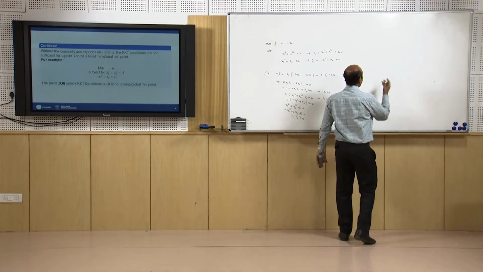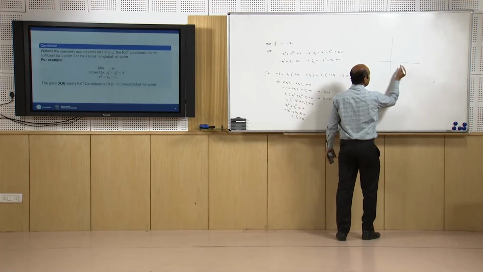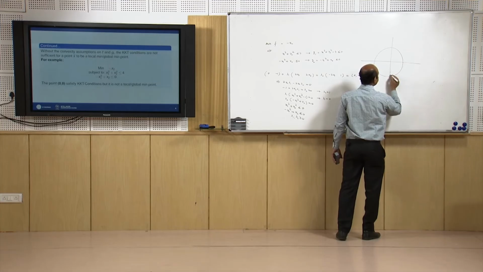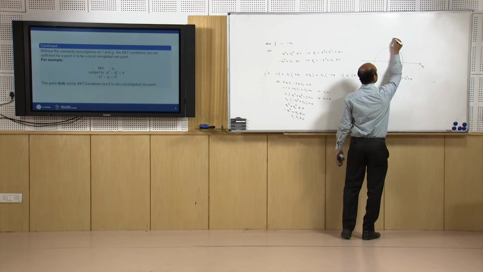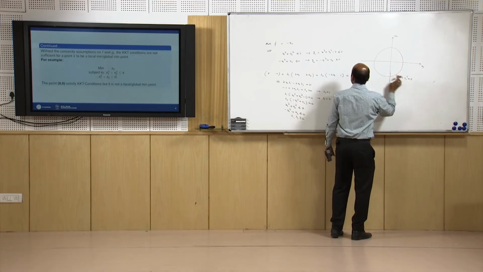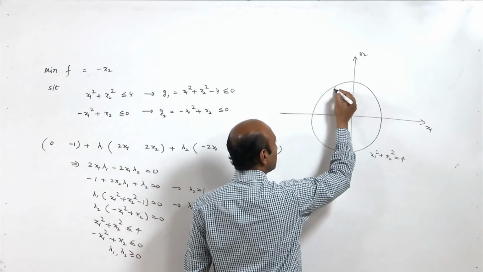You see what are the constraints? The first constraint is a region inside a circle. You have this circle, x1 square plus x2 square equal to 4, this is x1, this is x2, and when you take 0, 0, it satisfies this constraint, so the shade is toward inside the circle.